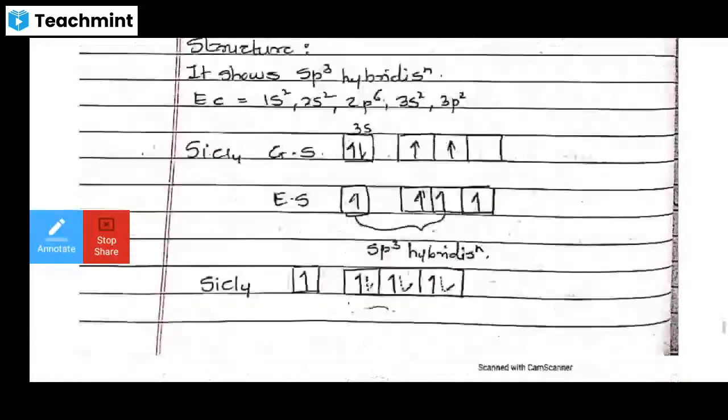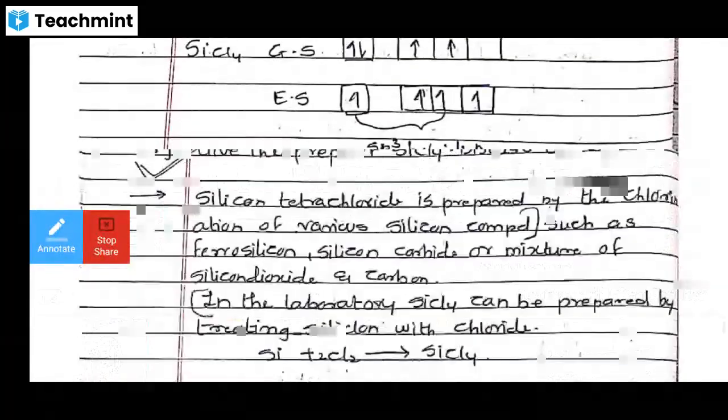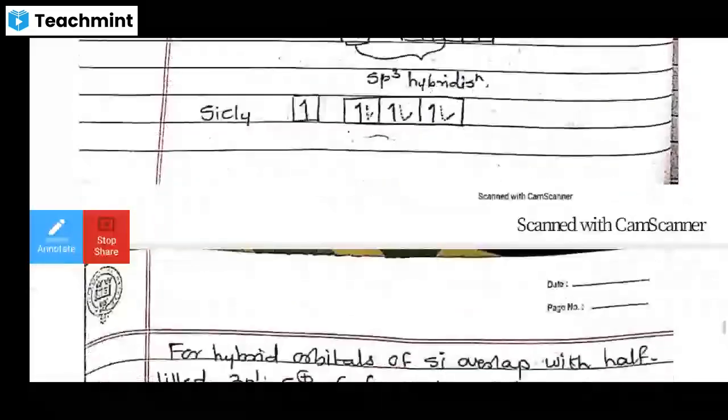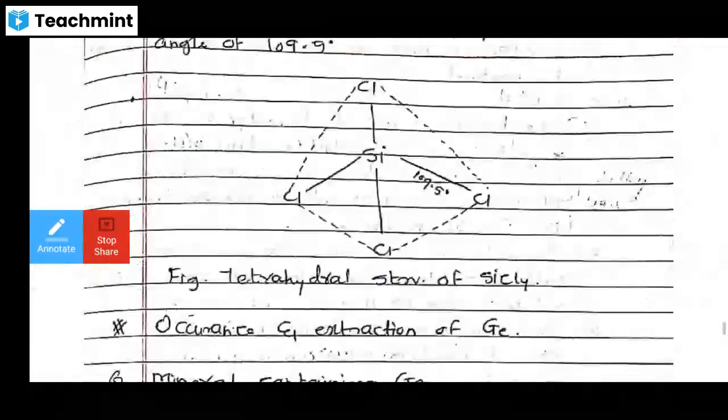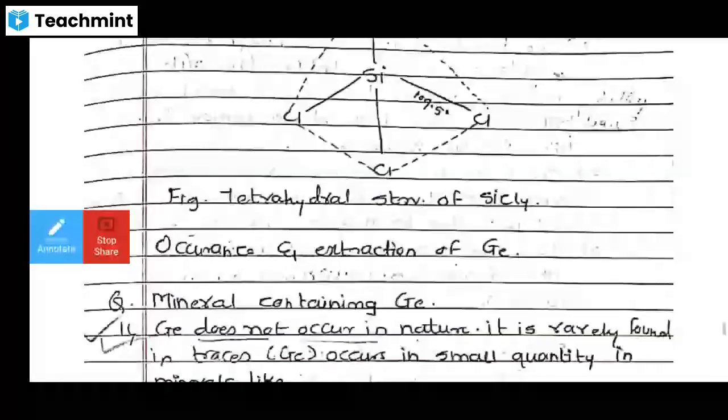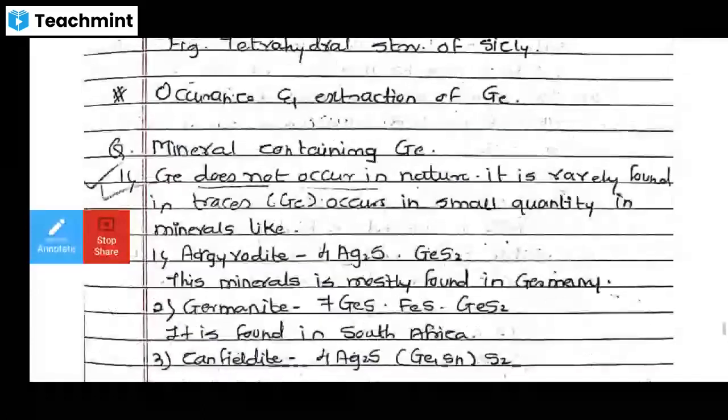These four unpaired electrons react with the four chlorine atoms by sharing electrons, hybridized to form the structure. Here is the structure of SiCl4 with bond angle of 109.5 degrees. So this is about the tetrahedral structure of SiCl4.